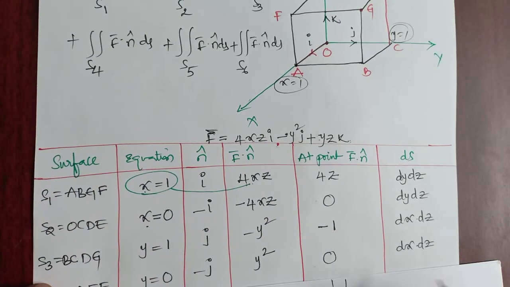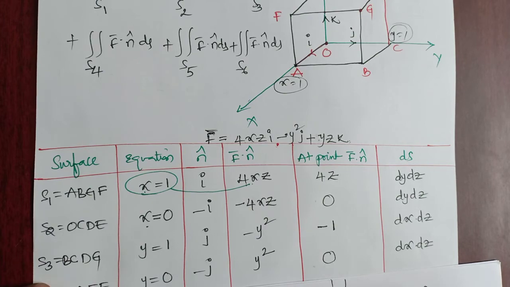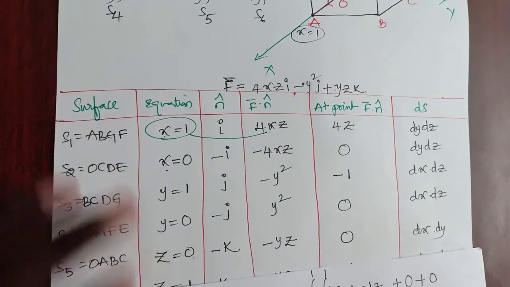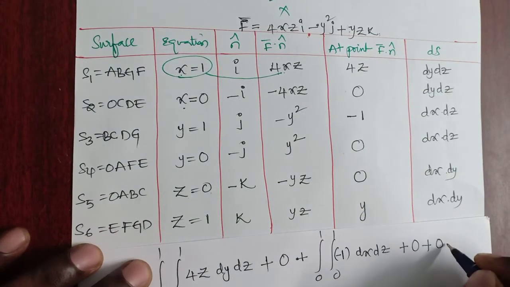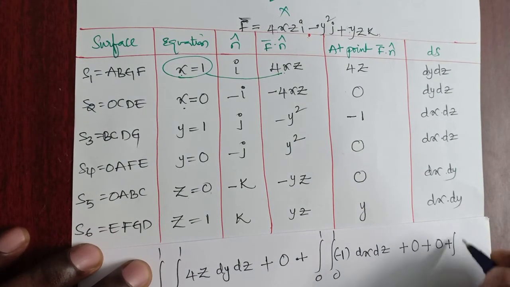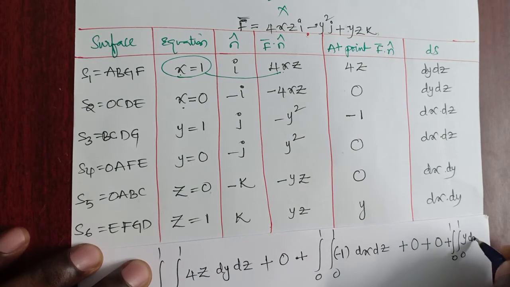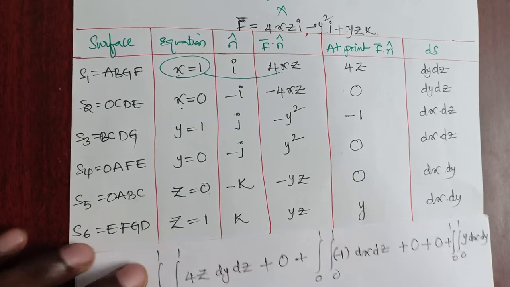Now the fourth surface is simply 0, plus the fifth surface is simply 0. Now the sixth surface is y, so the double integral 0 to 1, 0 to 1 of y dx dy.